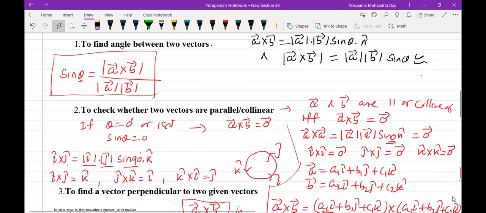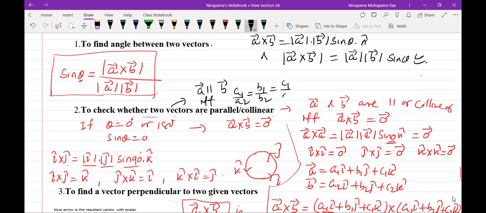Let me write it here. To check whether 2 vectors are parallel or collinear, A vector is parallel to B vector if and only if A1 by A2 equal to B1 by B2 equal to C1 by C2.